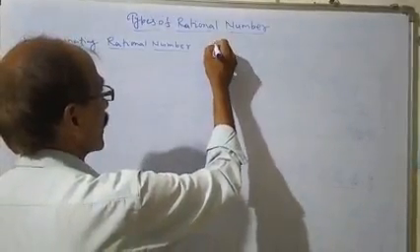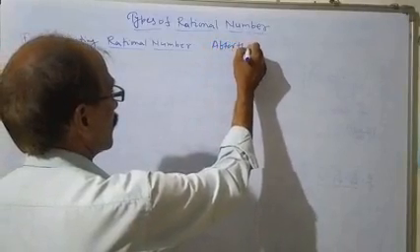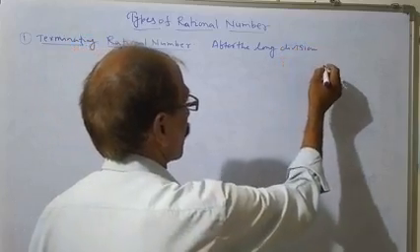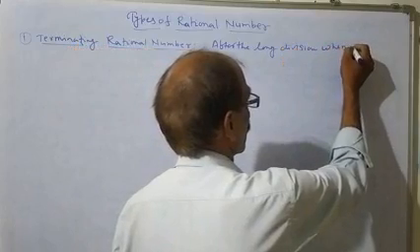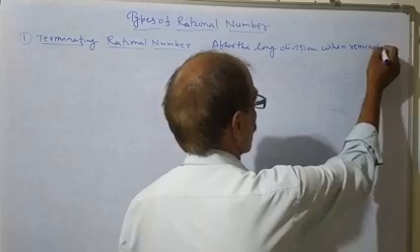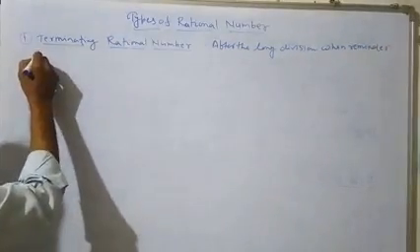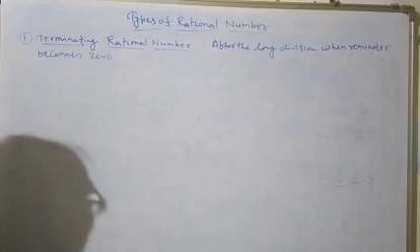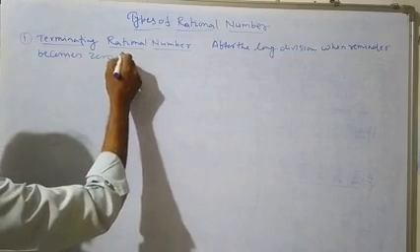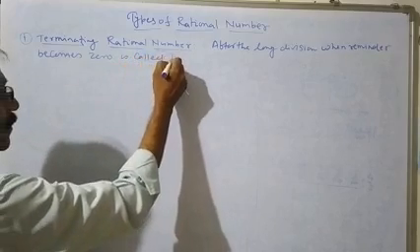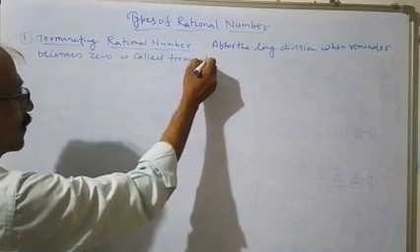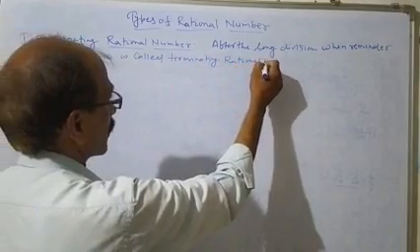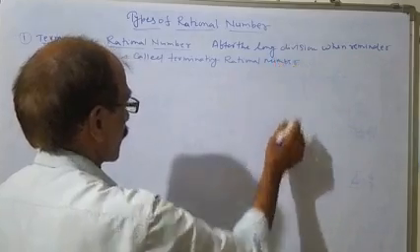After the long division, when the remainder becomes zero, it is called a terminating rational number.